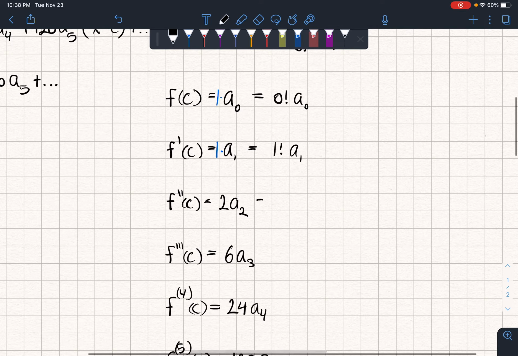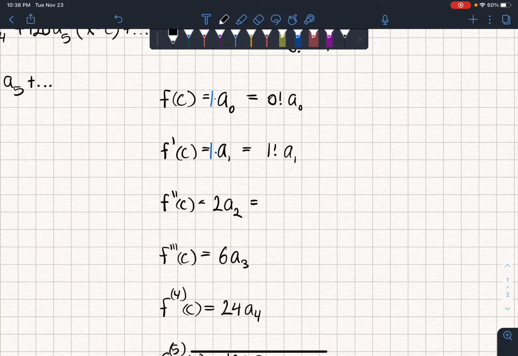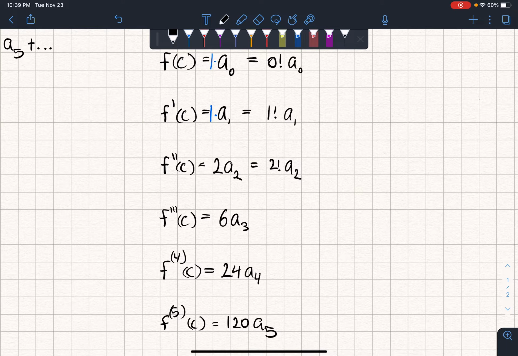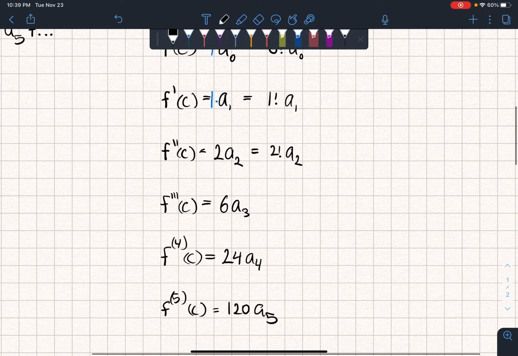So 2 can be expressed as 2 factorial, which is just 2 times 1. So 2 factorial a sub 2. And then 6 is actually 3 times 2 times 1, so it's 3 factorial a sub 3.